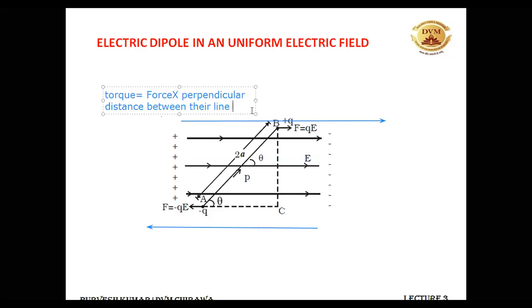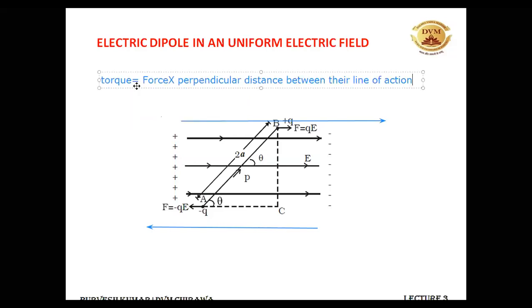So this is the torque that we know. The torque can be calculated like this, that one of the forces of the couple multiplied by the perpendicular distance between the lines of action. So here, this is the line of action of the force on plus Q, and this is the line of action for the force on minus Q. So what is the perpendicular distance between them? The perpendicular distance between them is BC.